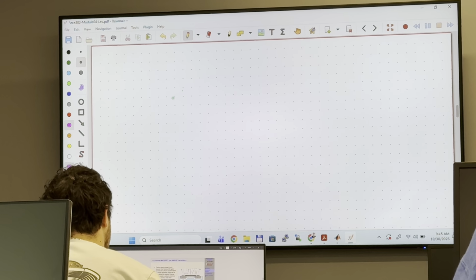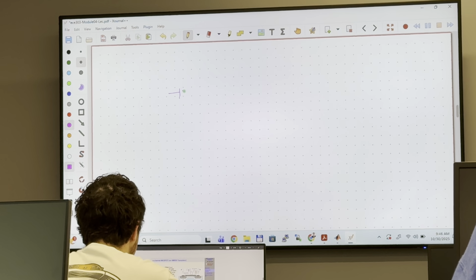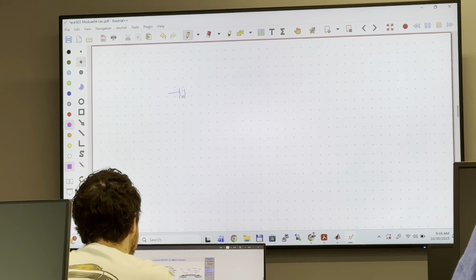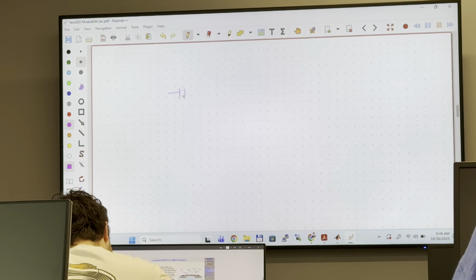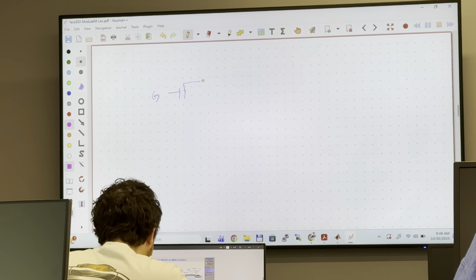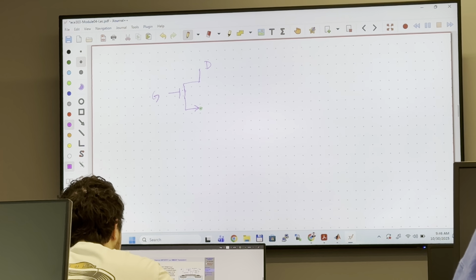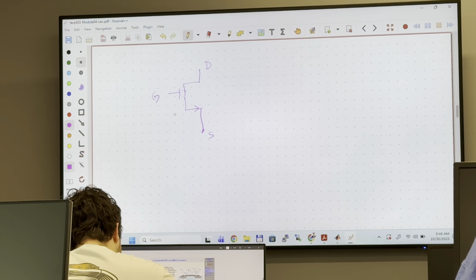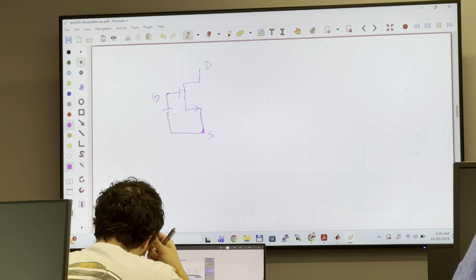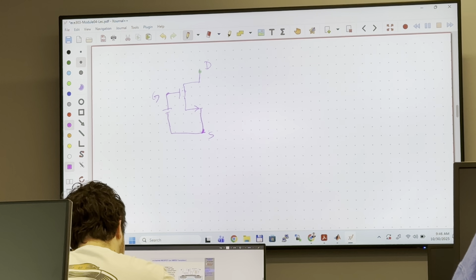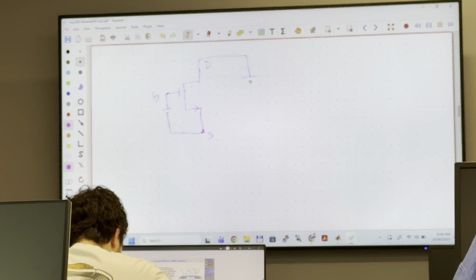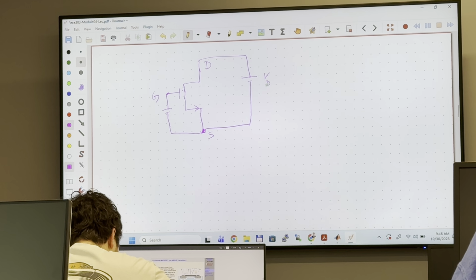So you have the gate, and then the base. Between gate and base there is an oxide layer, right? That's why in the symbol there is a gap. So this is your gate, and then you have here the drain terminal, and the source terminal. So you apply voltage between gate and source, your gate voltage with respect to source. Now you apply voltage with respect to source at the drain. So this is your VDS.